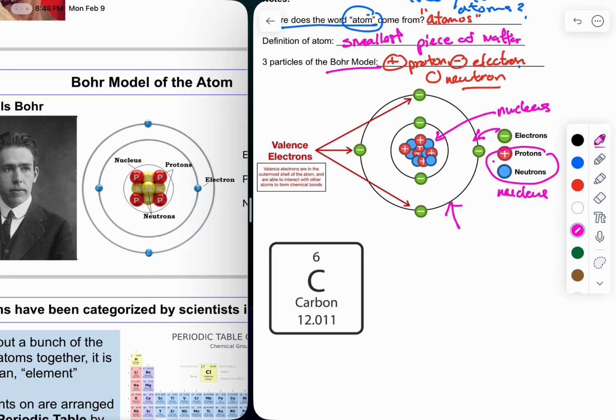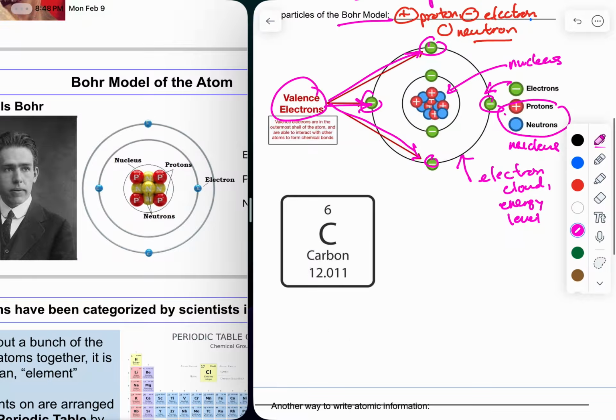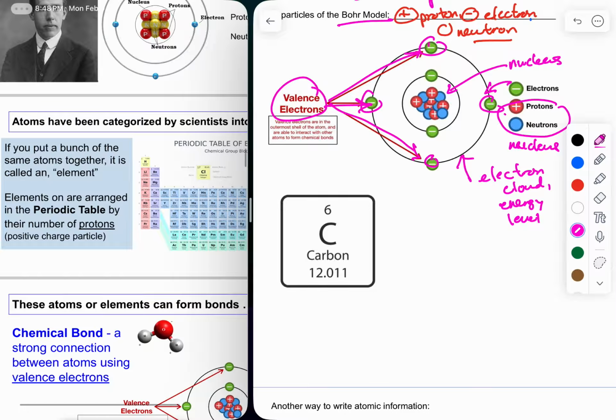This area is called the electron cloud, or sometimes also called the electron energy level. And the electrons on the outside are called valence electrons. So there are these electrons on the outside here, and here.